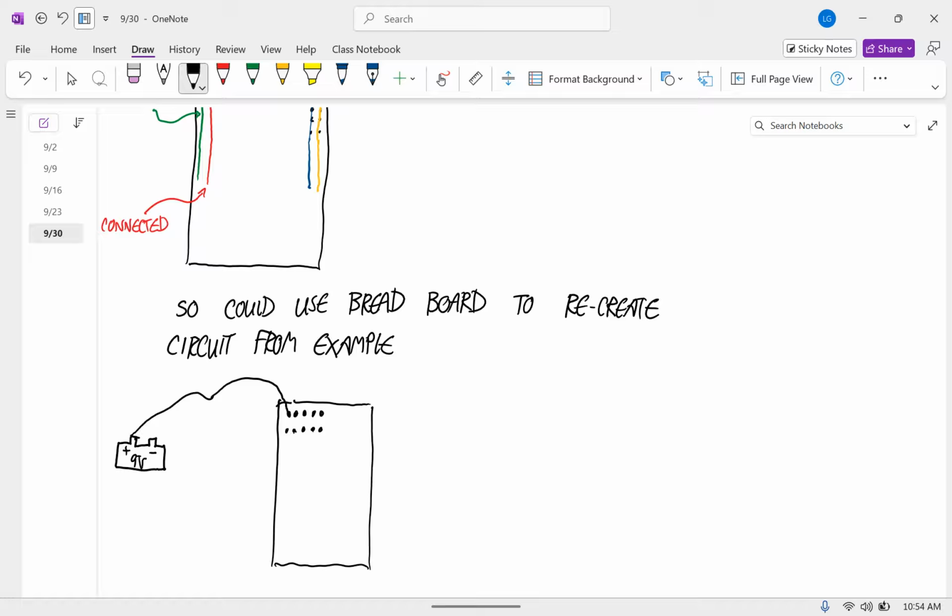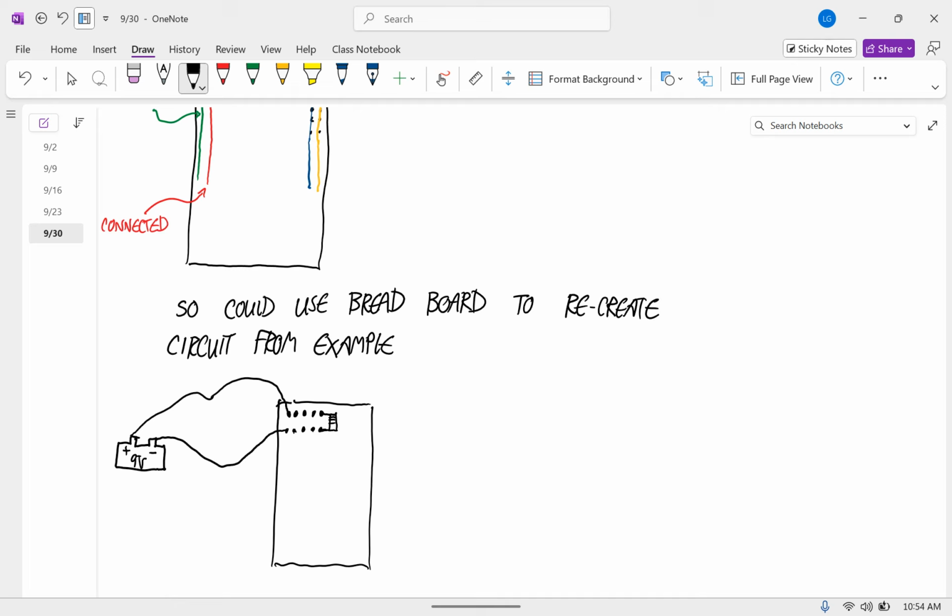And then we could put our resistor across the gap here. And then we could send this one to the negative terminal of the battery. So that does the same thing as that picture I drew above.